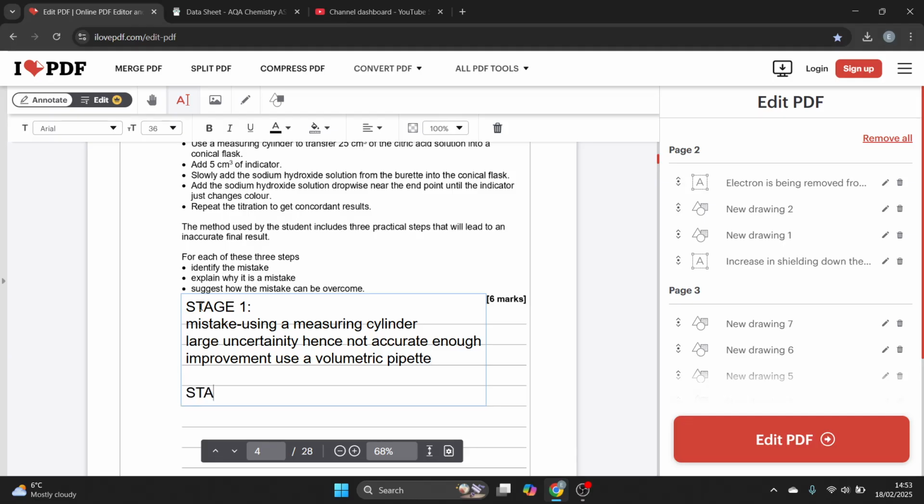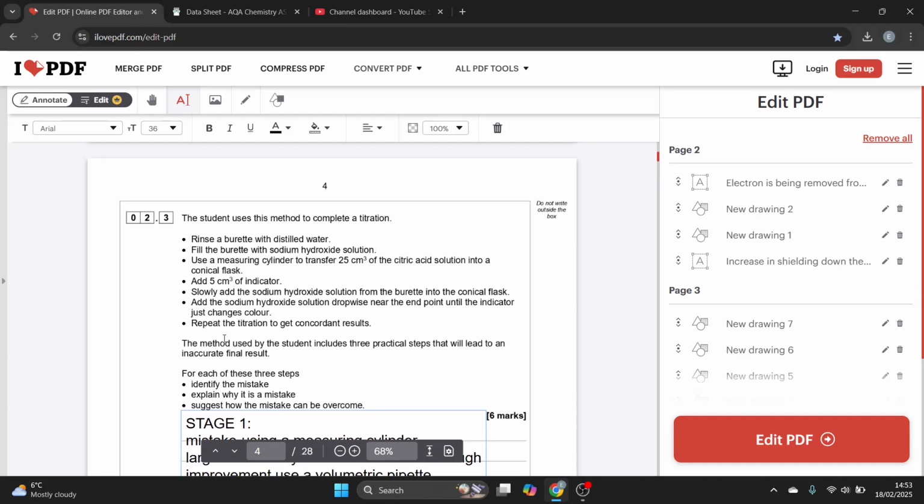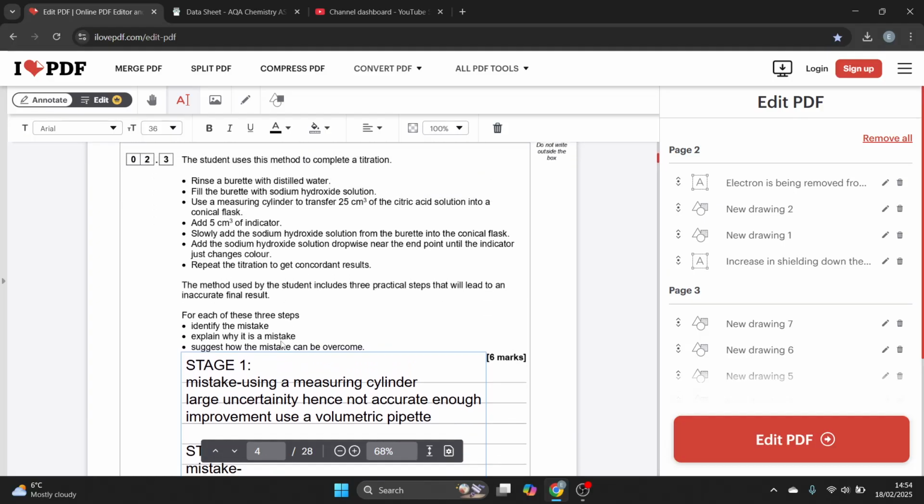And yeah, stage 2, another mistake I'm looking for. A lot of these mistakes are easy to spot, obviously it depends how well you know the practical. Slowly add sodium hydroxide into the conical flask, drop-wise near the endpoint, when the indicator just changes color. Add 5 centimeters cubed indicator.